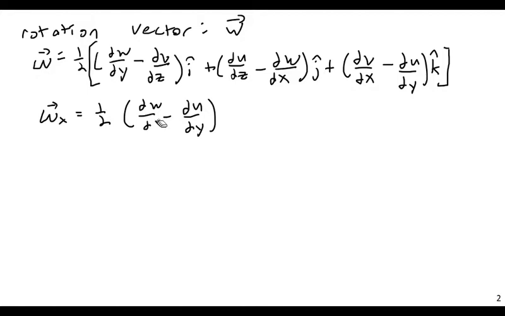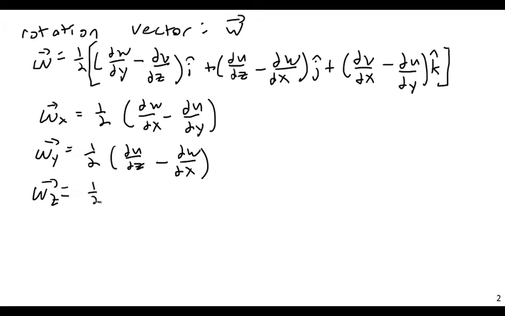X, and omega y is equal to 1/2 times the partial of u with respect to z minus the partial of w with respect to x, and omega z is equal to 1/2 times the partial of v with respect to x minus the partial of u with respect to y. And this one isn't quite right. This should probably be w.